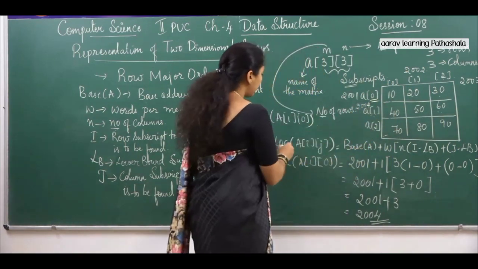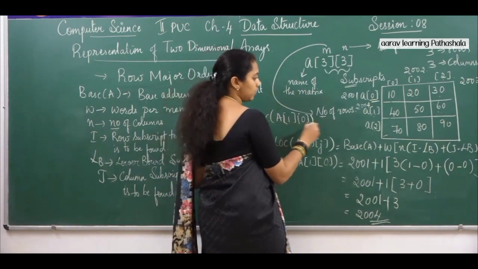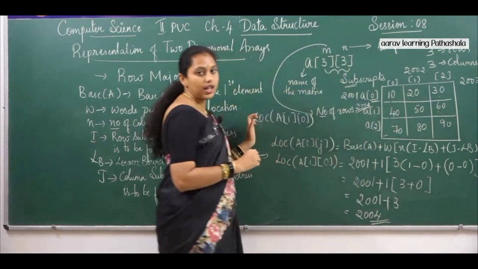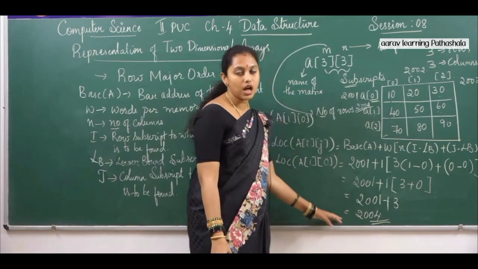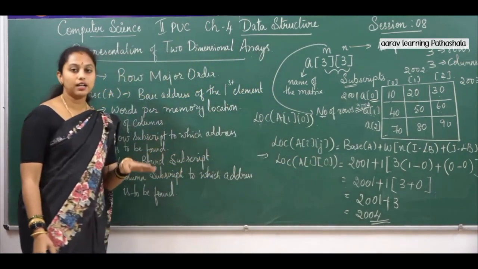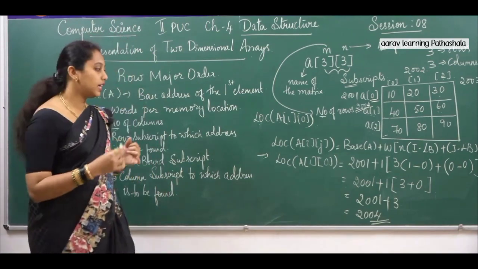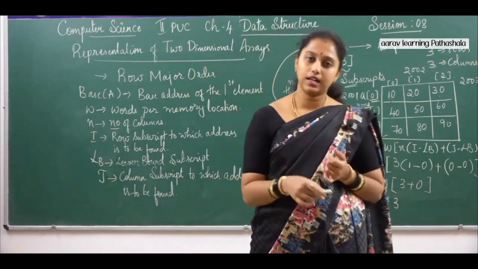What we had to find was the memory address of A of 1, 0. Its memory address is 2004, hence what we have calculated is correct. So this is how we represent the array elements in row major order, as well as calculate the address of any element in an array.